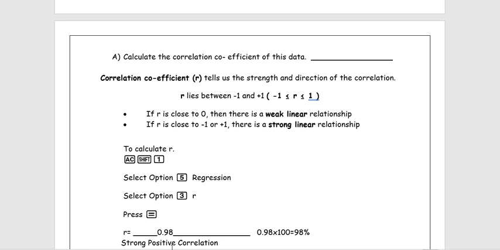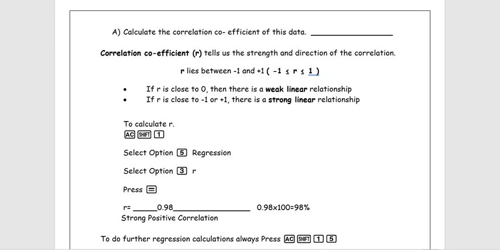Okay, where did I get the positive from? 0.98 is a positive 0.98, so therefore it is a positive correlation. It is a strong correlation because it is closer to 1. Or if we use the shortcut that I've shown you, we've got a 98% chance of this event taking place. So therefore, a strong positive correlation.